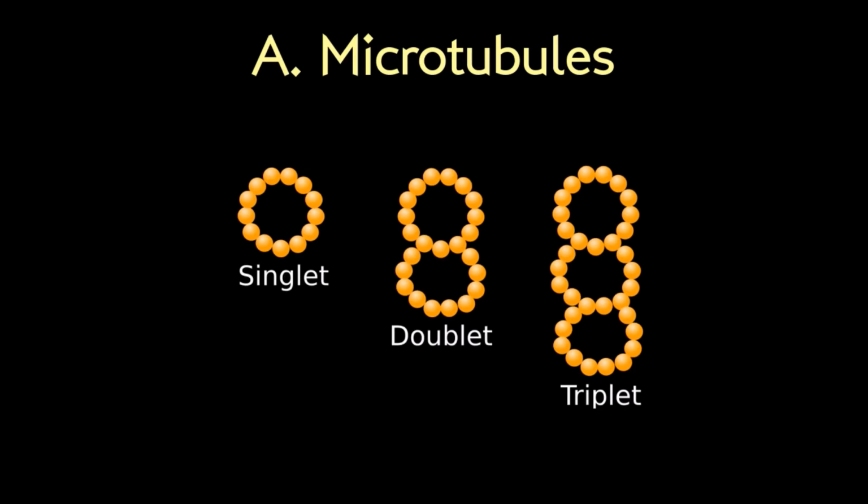But we can also have these occur in doublet, where 3 of those protofilaments are being shared between each of the microtubules, and you get a doublet. Or we can additionally have a triplet as well, where we have 3 essentially independent microtubules, each pairwise sharing, again, 3 protofilaments between them.